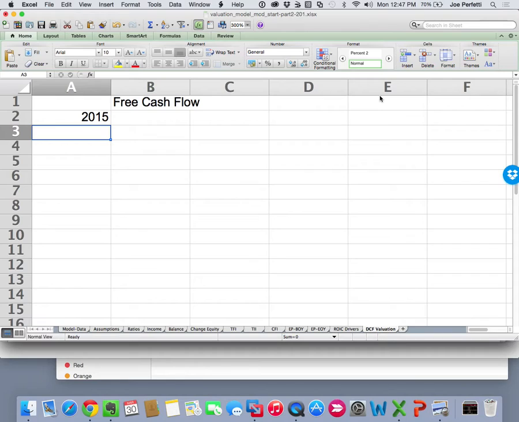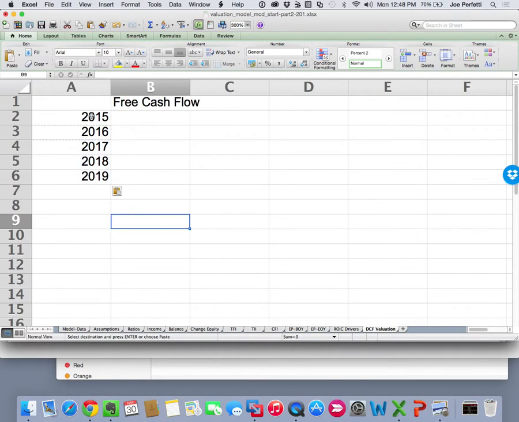So 2015, I'm using a relative reference. I just chose 2015 off the CFI page as the first year. The key is equals that plus 1, and I want to copy that down to 2019. So those are my 5 years of forecast for the company that we're going to do the valuation on.